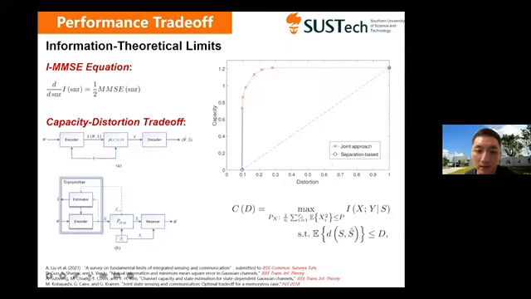So this is the CD trade-off, and this is their result. If you have a joint approach where you use a joint signal to do both, then you can have a trade-off curve like this. But if you use separation-based or orthogonal resource allocation, like I just introduced in the previous slides, then you will end up with this poor trade-off curve. Okay, so these are some information theoretical limits analysis on communication and sensing.